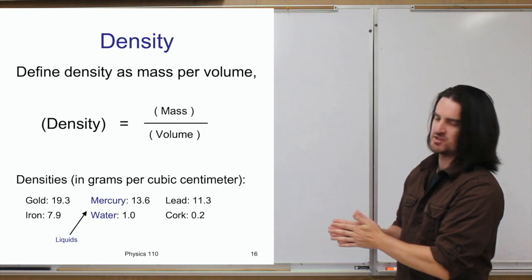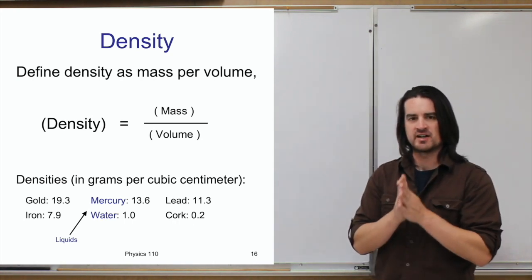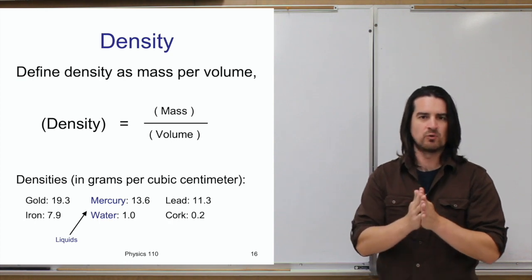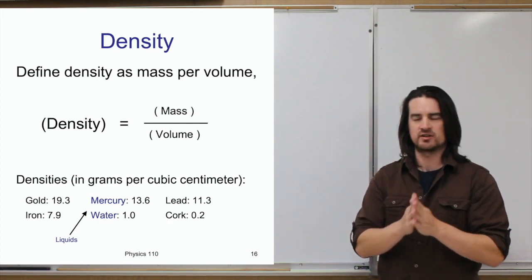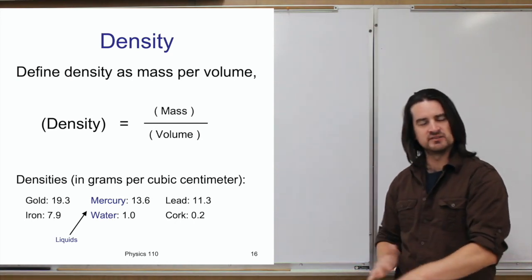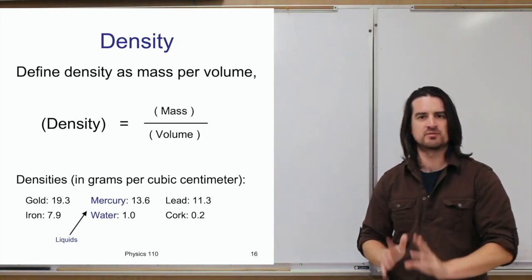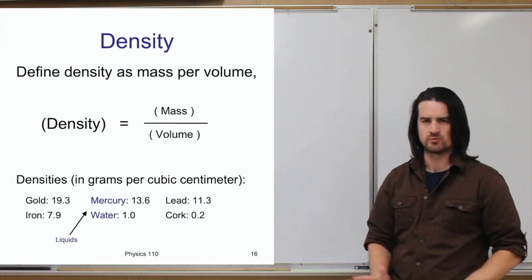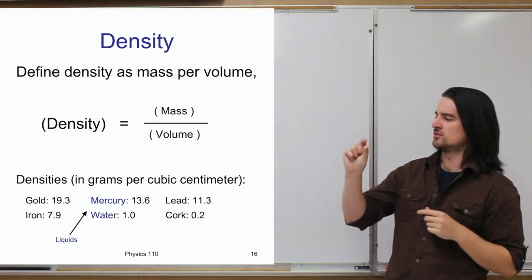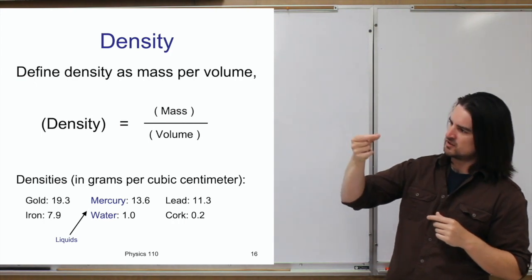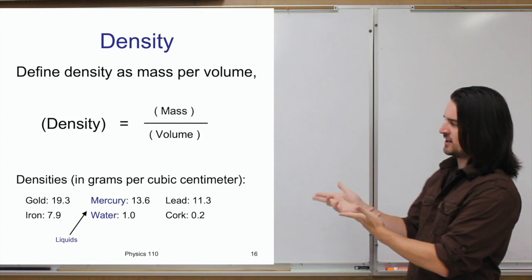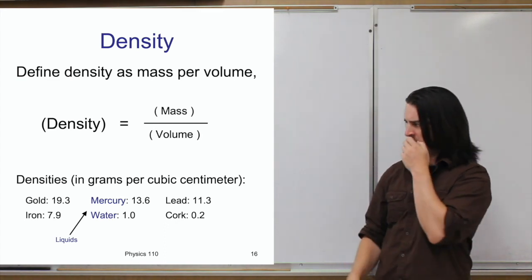So 1 gram per cubic centimeter is what water is when you have pure water. A little bit more detail, technically that's a particular temperature and a particular pressure too, but we're not going to worry too much about that right now. Suffice to say, if you have 1 cubic centimeter of pure water, it would weigh 1 gram. That's what it means for water to have a density of 1 gram per cubic centimeter.